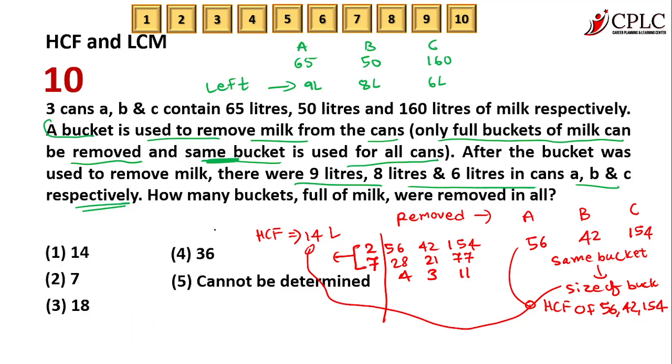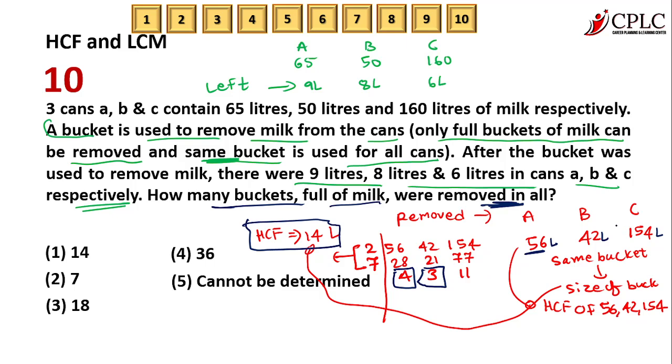But they are not asking the size of the bucket. What are they asking really? How many full buckets were removed in all? Now think about this. A bucket of size 14 liters is used and 56 liters is removed from A, so clearly 4 buckets because 14 fours are 56. For the 42 liters of B removed using the 14 liter bucket, 3 buckets must have been used.